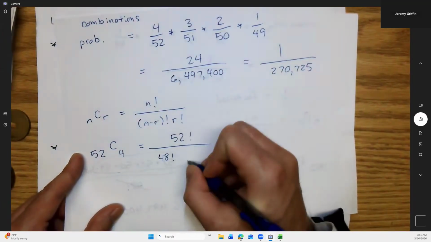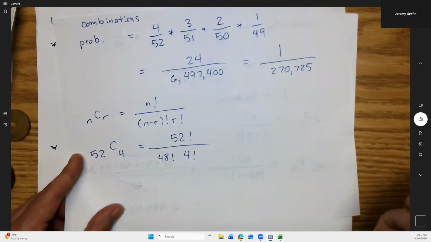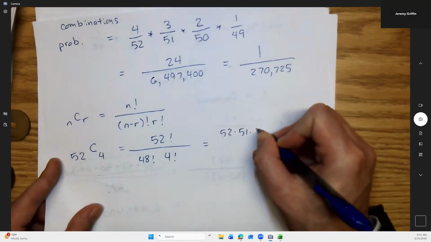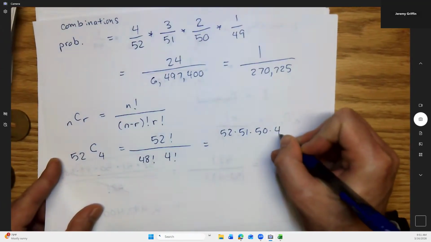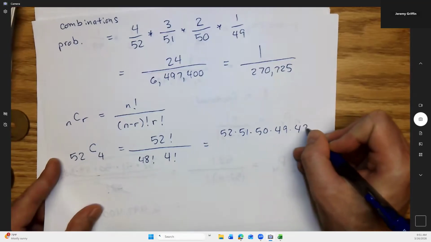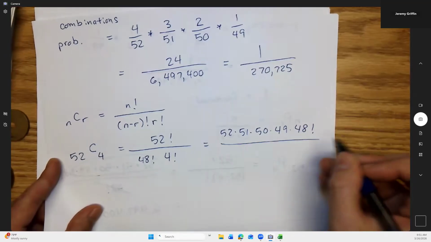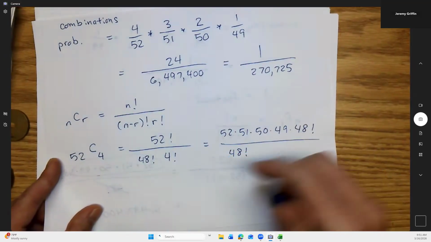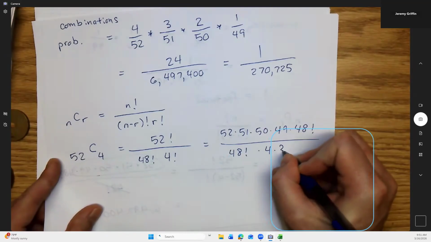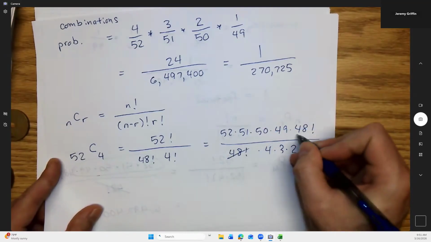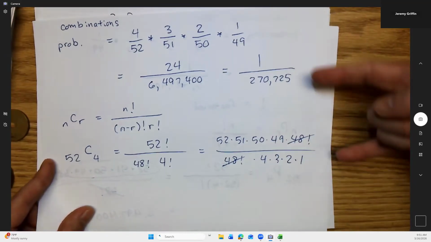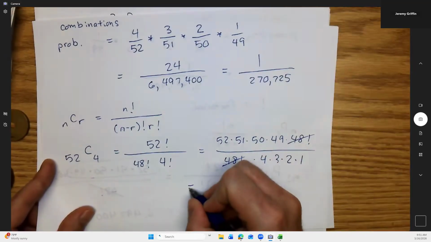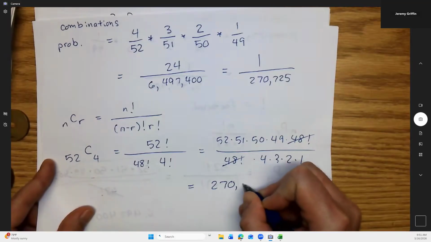We saw it before. And then 4 factorial because I'm choosing 4 cards. So that's 52 times 51 times 50 times 49 times 48 and so on all the way down. And then 48 factorial is going to cancel out with this. But then I have times 4 times 3 times 2 times 1. Isn't that just upside down of what I have up here anyway? So this has to come out to 270,725.